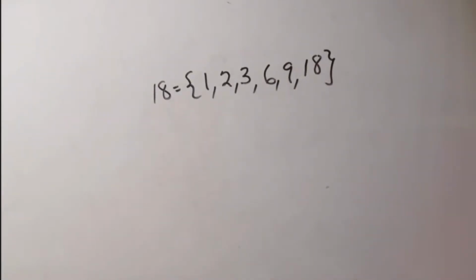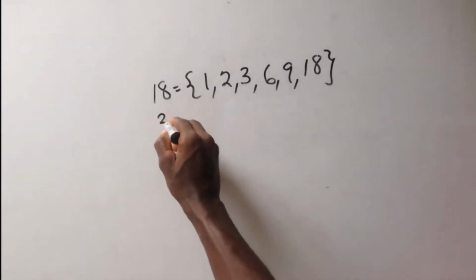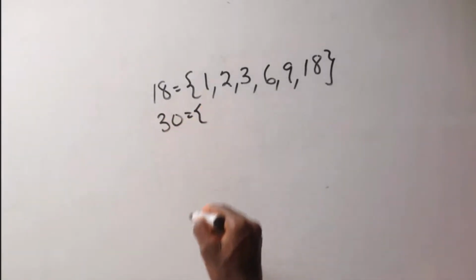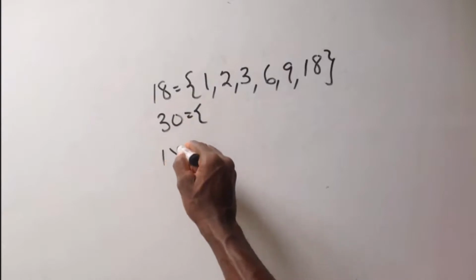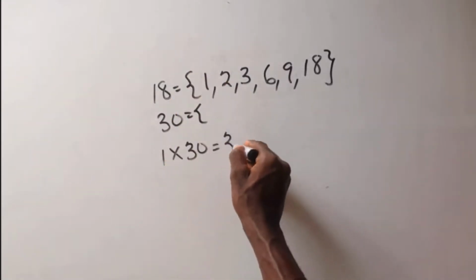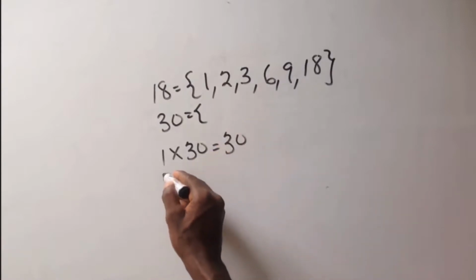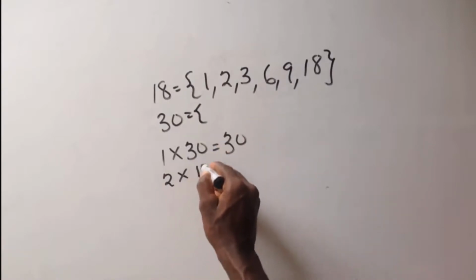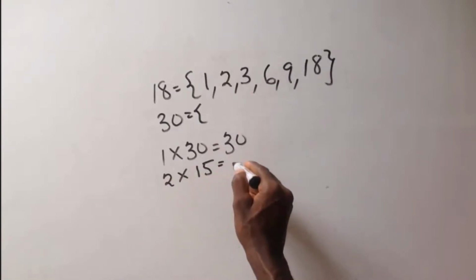Let's also list the factors of 30. So we know 1 is always a factor of any other number, as we already know. And 2 is also a factor of 30. 2 times 15 is 30.